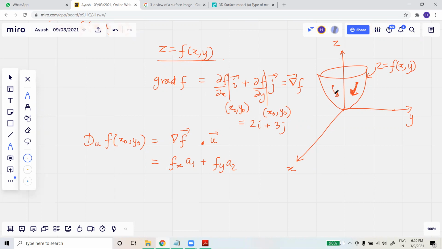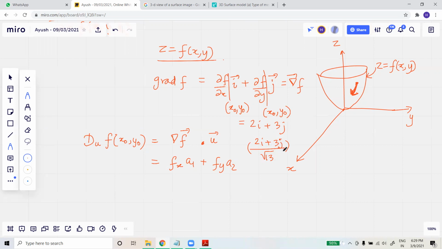It will come out with some particular direction. So if u is also the same direction as this, you choose u to be this. You have to divide by the normalizing thing, but otherwise it's 2i plus 3j. Because it has to be a unit vector, you have to divide by the square root of 9 plus 4.